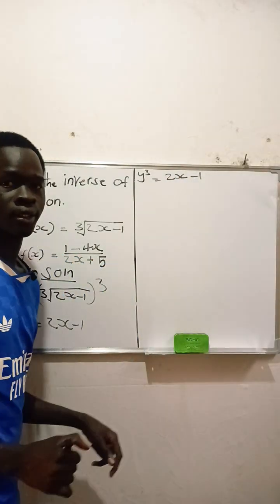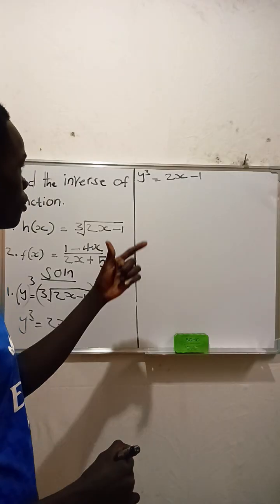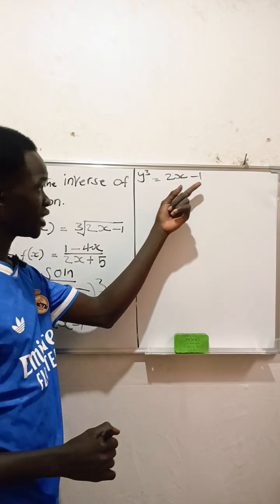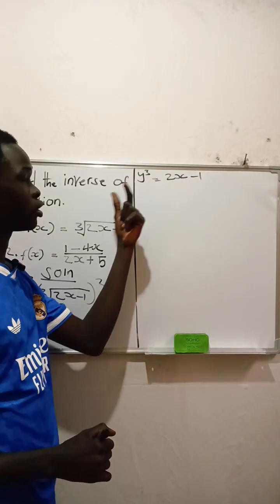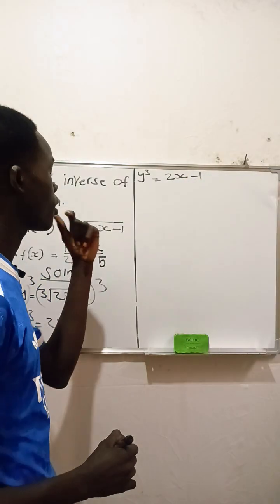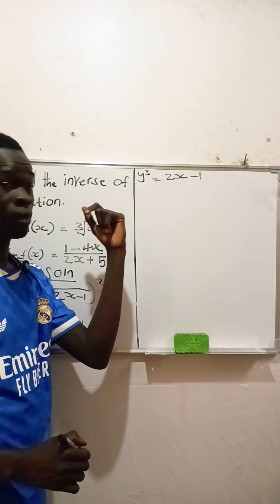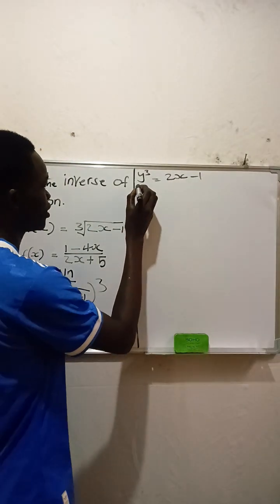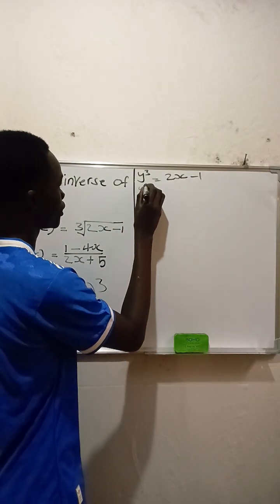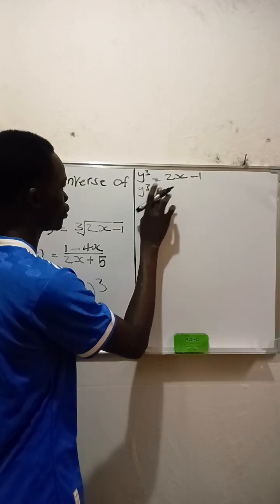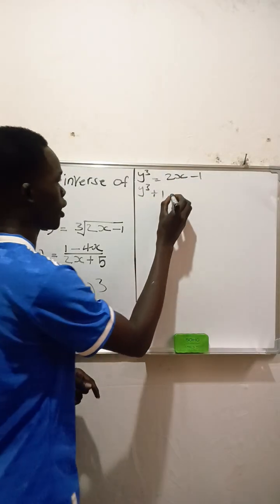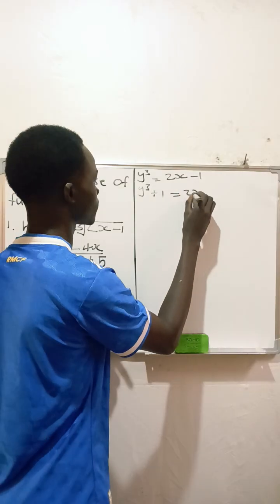Now we have to bring this minus 1 to the left hand side of the equation, where it becomes positive. So y cubed plus 1 is equal to 2x.